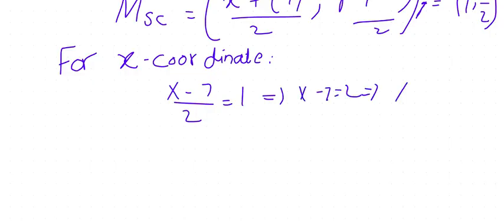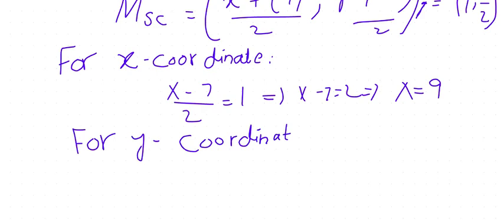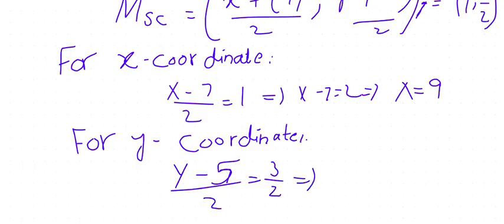And for the y coordinate, y minus 5 by 2 equals 3 by 2, which is y minus 5 equals 3, and we got y equals 8.